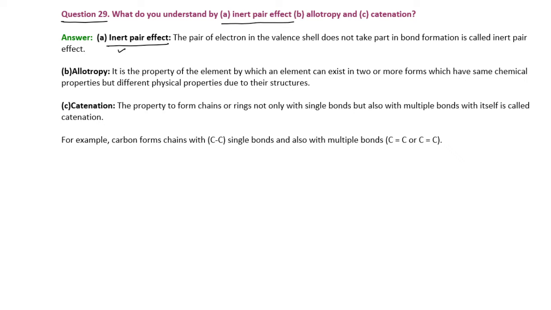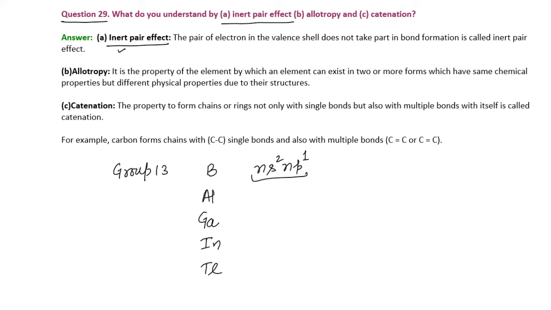Let us take the case of group 13. In group 13, we have elements like boron, aluminium, gallium, indium and thallium, right? And their general electronic configuration is ns2 np1. So these are the valence electrons.